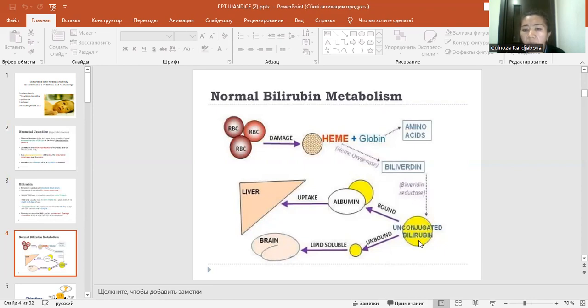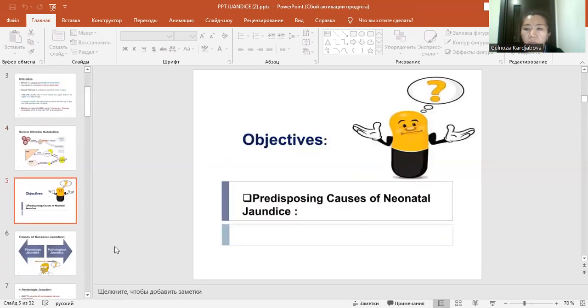Conjugated bilirubin binds in the intestine with albumin and is taken up by liver cells. An unbound type very easily crosses the blood-brain barrier because it is lipid soluble, and it will damage the brain or have a toxic effect on the brain.